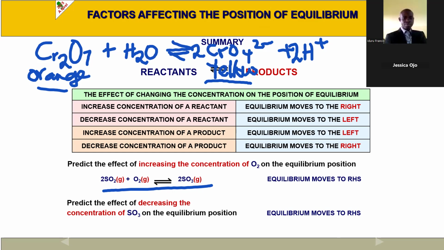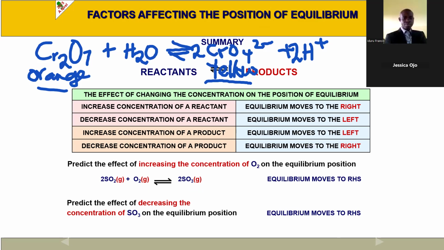More CrO4 2 minus will be produced, and the orange color of Cr2O7 2 minus will fade because it reacts with water, and then you will see the yellow color becoming intense.